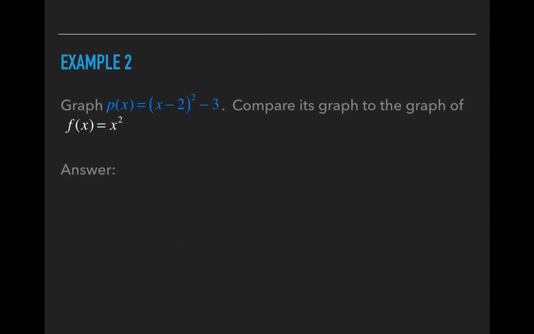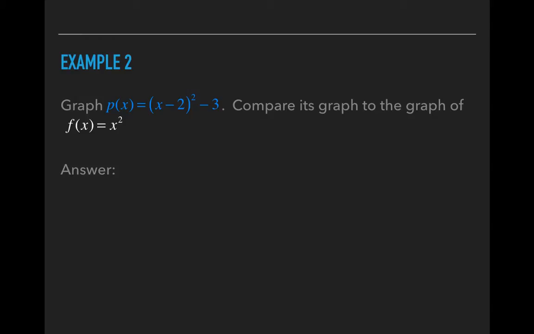So, another example. We are going to graph this function p and compare it to the parent function. So again, take a moment and pause this video and graph that. You can use your graphing calculator to help you and get some of those points.